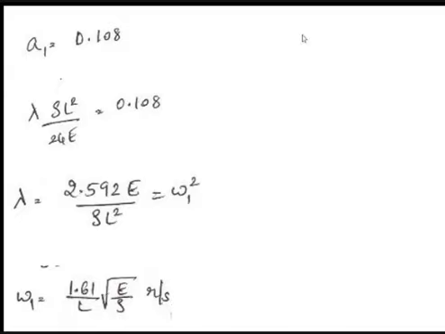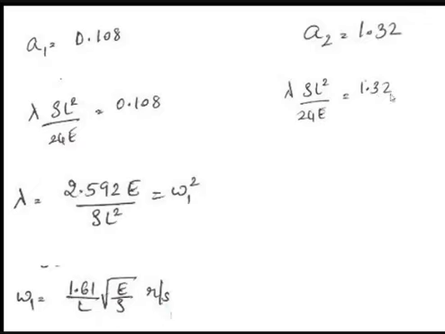Similarly, I am supposed to find out omega 2. So how do I do that? a2 is equal to 1.32. So I have lambda into rho L square divided by 24E, which is equal to 1.32.